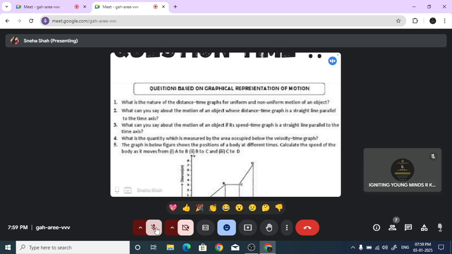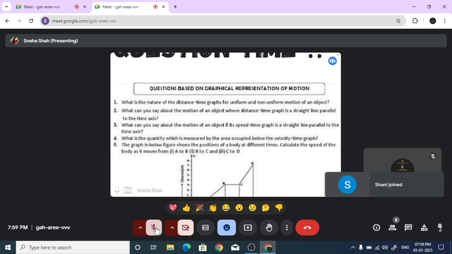There is nothing like a stationary motion. You can say that the object is stationary or not in motion, correct? Yes, there is no distance covered with increase in time. That means there is no motion of the object.